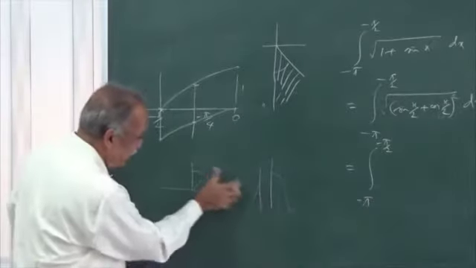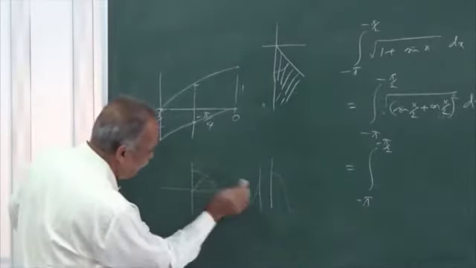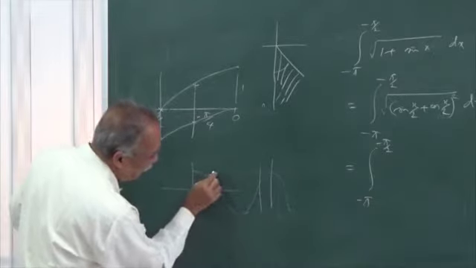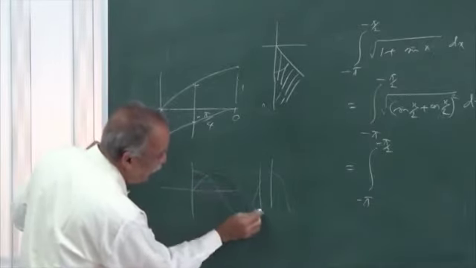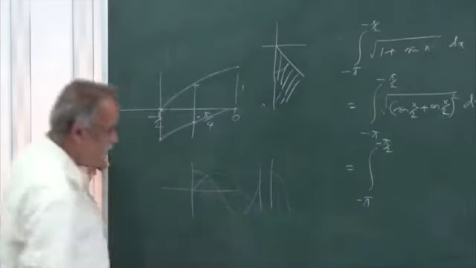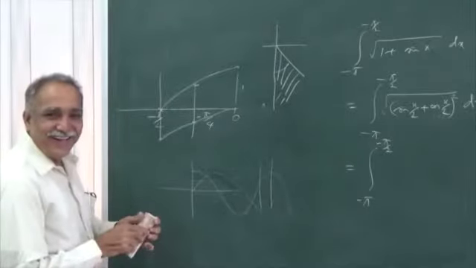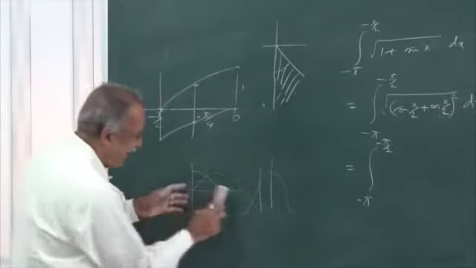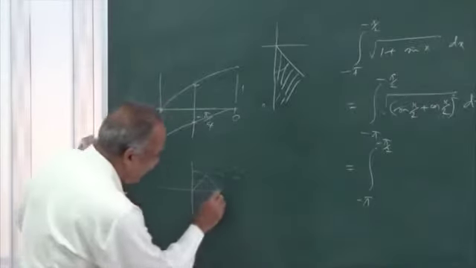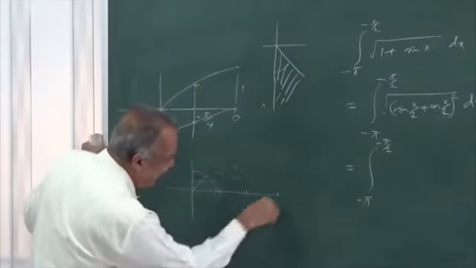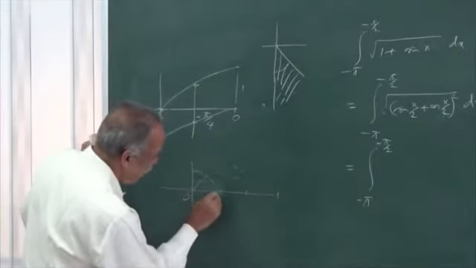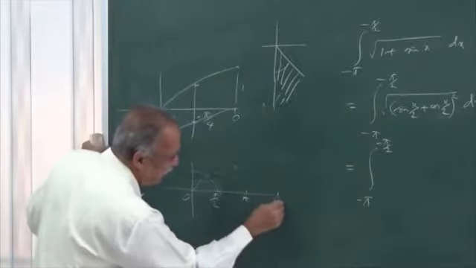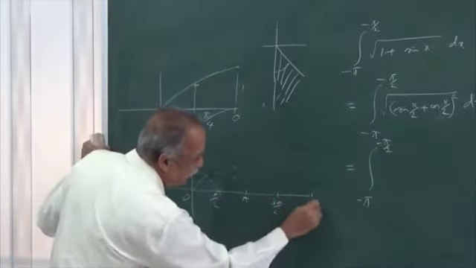Oh, my scale is different. One second. This is 0, pi by 2, pi, 3 pi by 2, 2 pi. Okay.